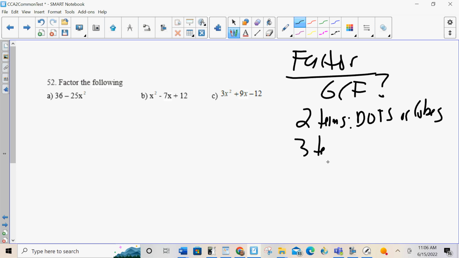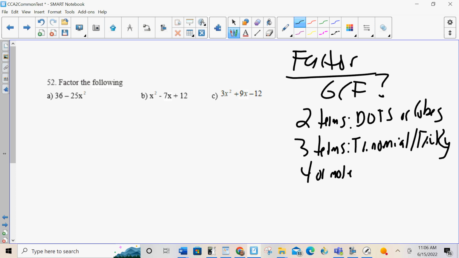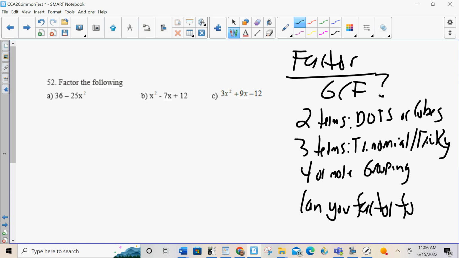Three terms is going to be a trinomial or a tricky trinomial. Four or more is grouping. And then you always want to ask yourself at the end, can you factor further? There's a formula for cubes at the end of the song, which we'll talk about.